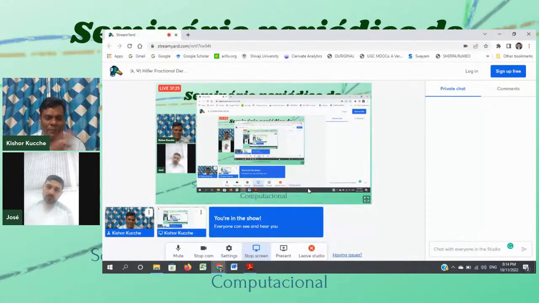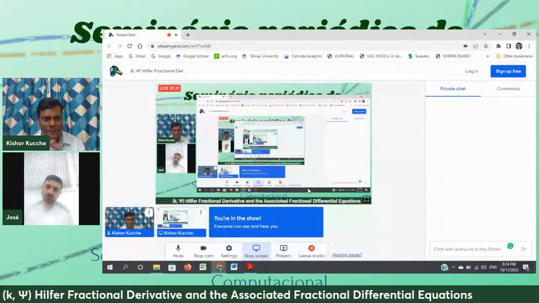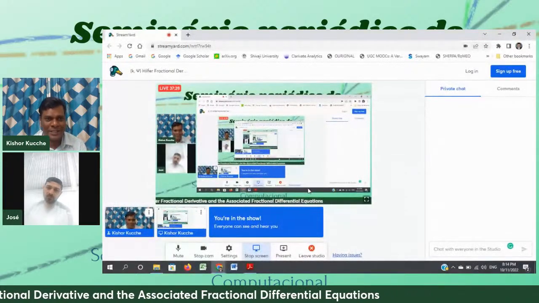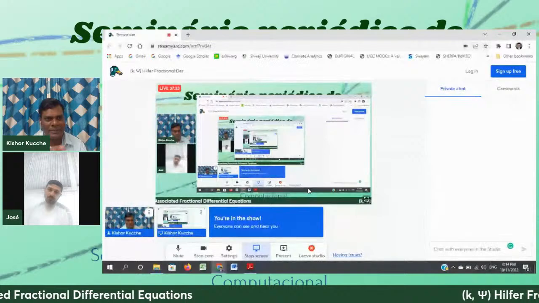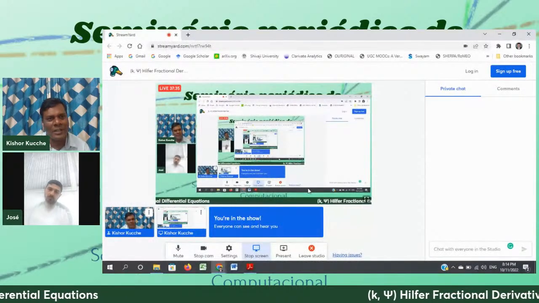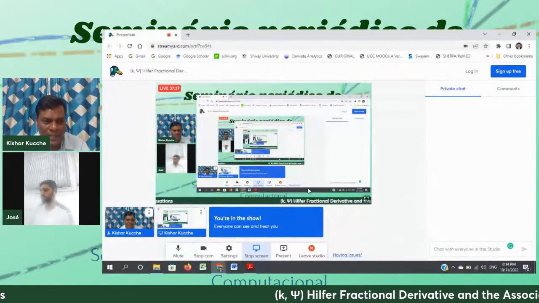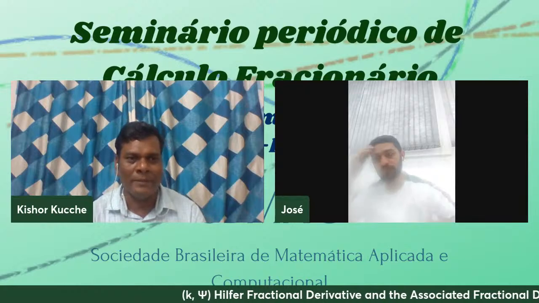If you are given the formula for f into g, the same formula cannot work for g into f. The same result is not obtained for g into f. That is my observation, and that's why I have not attempted the question to define the K-Psi Leibniz rule for the K-Psi Hilfer derivative.